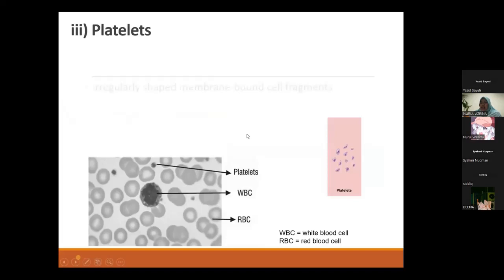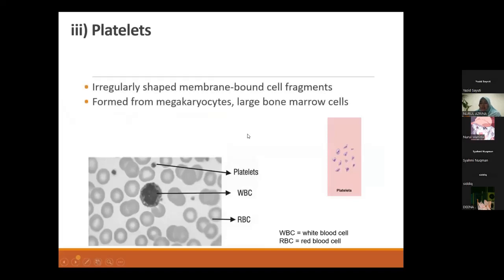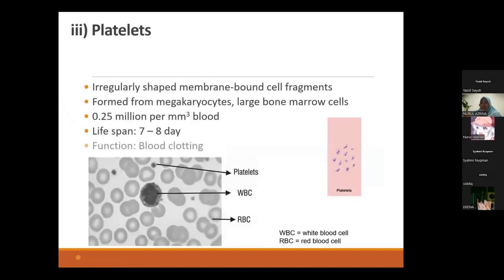All right. And last one, platelets. Okay. So platelet is an irregularly shaped membrane-bound cell fragment. You can see it is in the form of small fragments that form from megakaryocyte, which are large bone marrow cells.